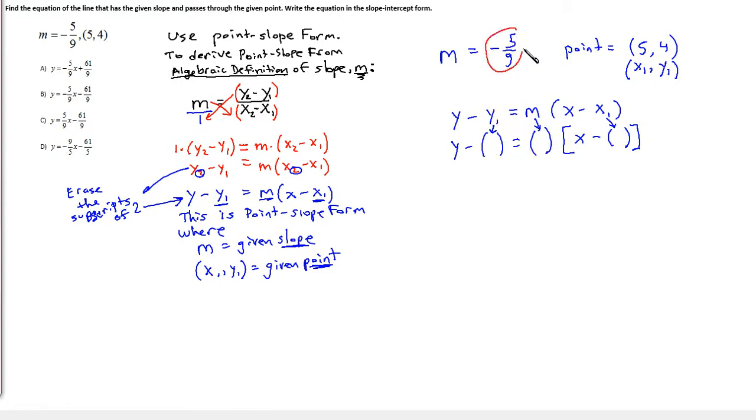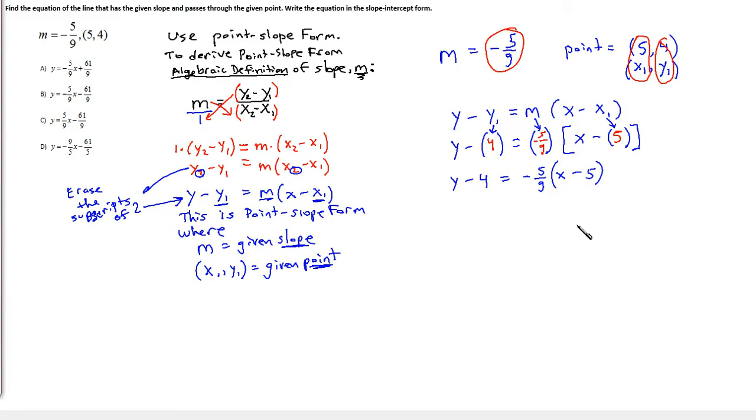M is negative 5/9, I put it in here. x1 is 5 and y1 is 4. Now we can simplify. So I have y minus 4 equals negative 5/9 times x minus 5. We're getting there.